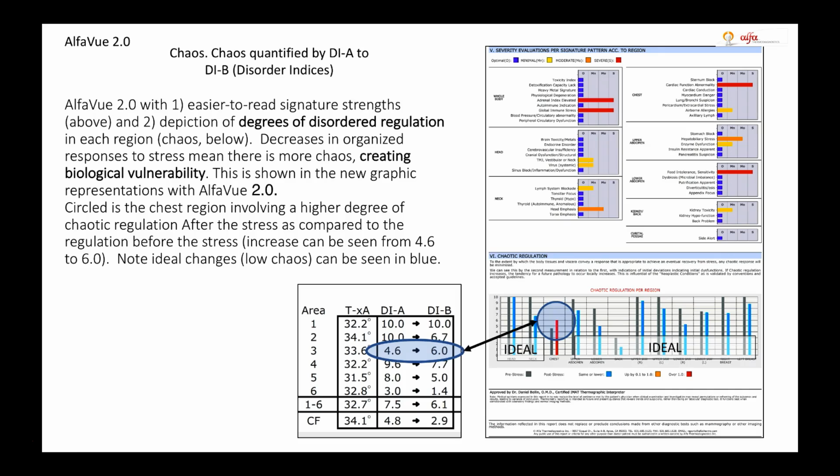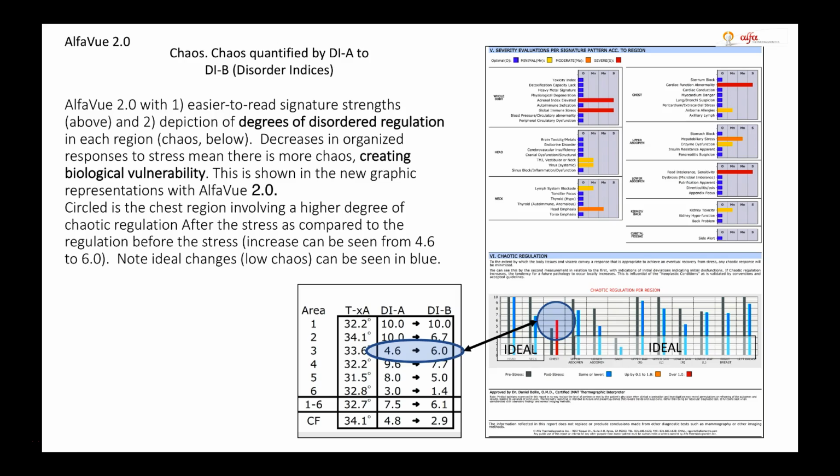inflammation. Here on our next page, where we identify all the strengths of the signature patterns or the algorithmic identification of organ problems, we can not only see that, but then we evaluate the amount of order and disorder that's occurring before and after the cool air stress, because an area that remains in disorder is more vulnerable than one that goes into order.